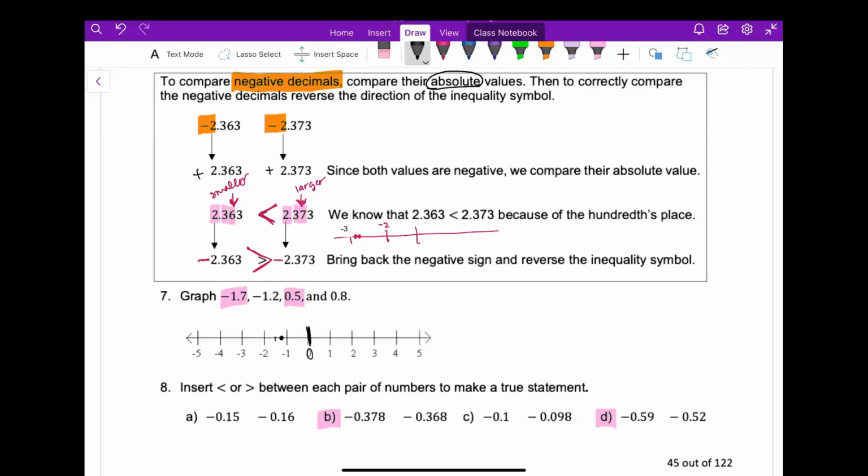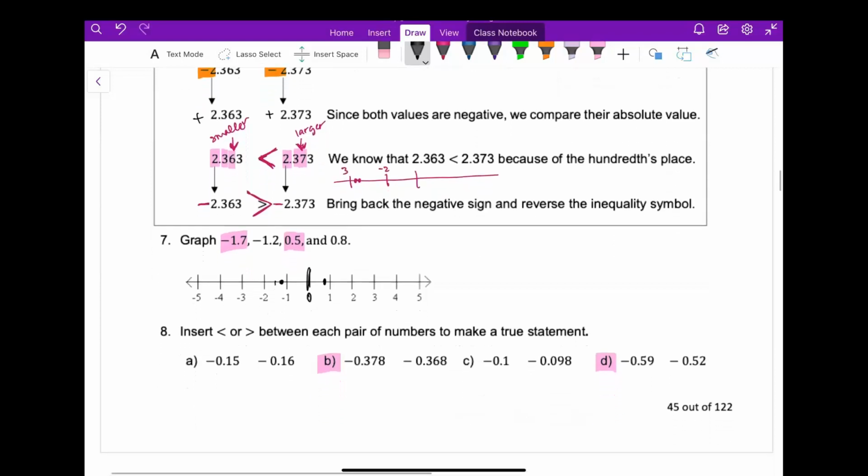Let's graph 0.8, so this would be 0.5, so 0.8 is somewhere around here. We should be able to compare these numbers. Now, I have the number line first in case you wanted to check which one's to the left and which one's to the right. But ultimately, you should be able to follow your rules.